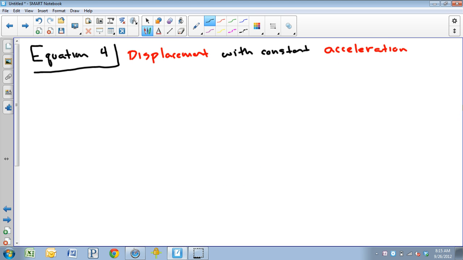So we're finally on to our last equation here, and to find this one we actually can't really use a graph, or it's not quite as intuitive to use a graph here, so we're going to rearrange some of our previous equations. We're going to start with the delta x equation equaling V average times time. That V average is, for an object with constant acceleration, half of V initial plus V final.